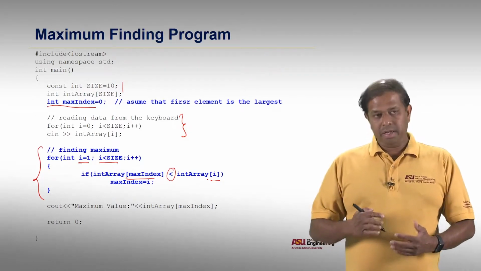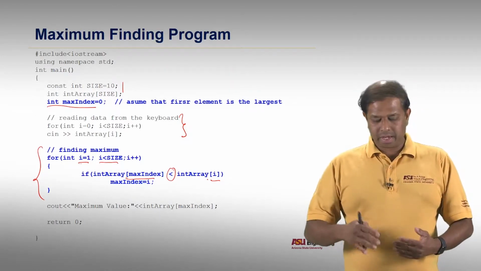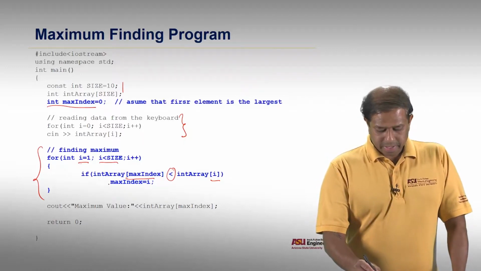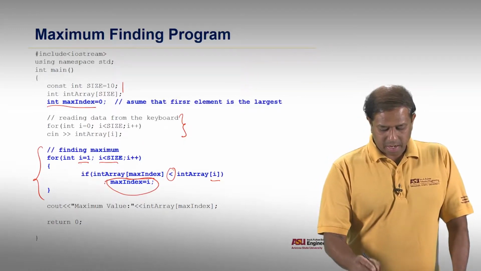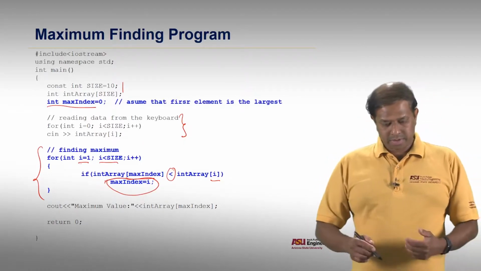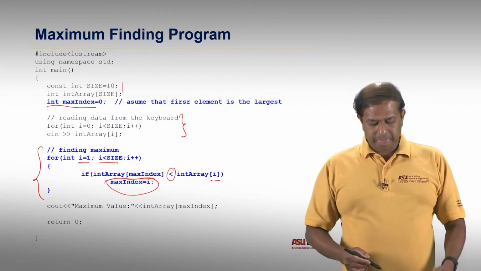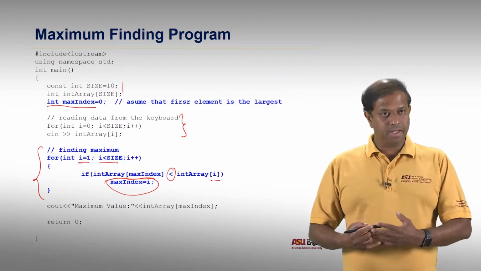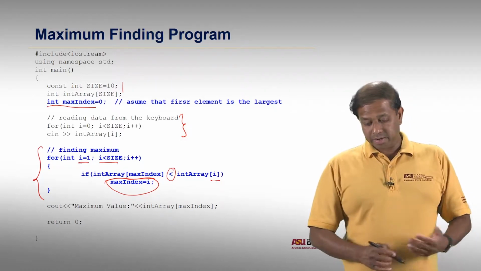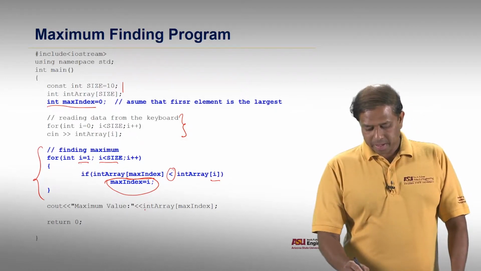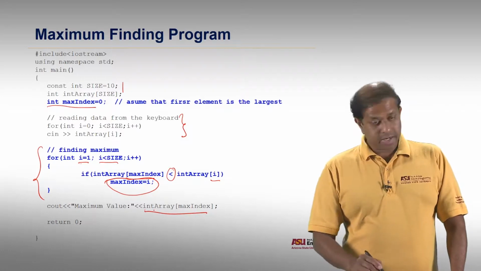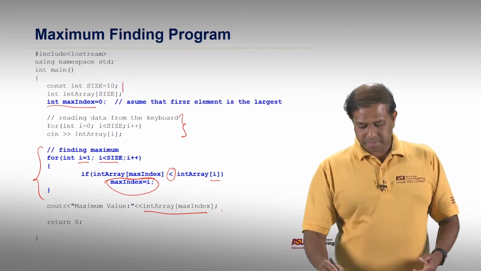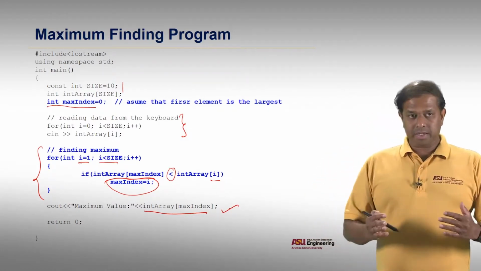That means we found a higher value in the ith location, so we change the max index to i. Once you run through this for loop, max index is going to hold the location at which we find the largest value. Then we can use that index to get the value by using int array max index. That's going to give us the maximum value.